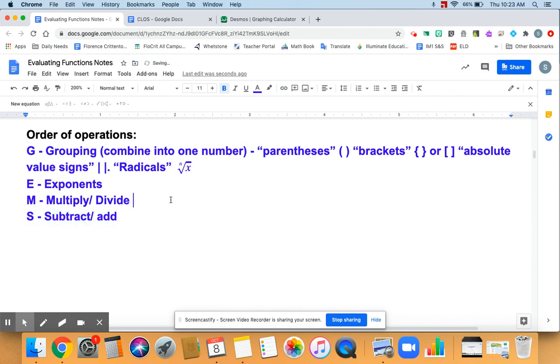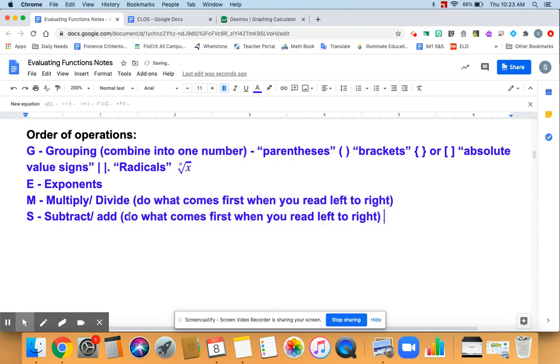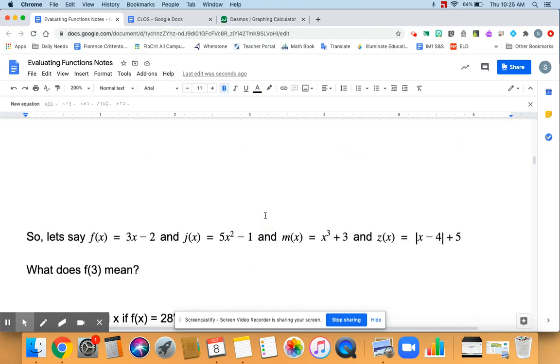For both of them, you do what comes first when you read left to right. So you always read equations. You start on the left and you move to the right. And whatever comes first when you read it, multiply or divide, you do that first.